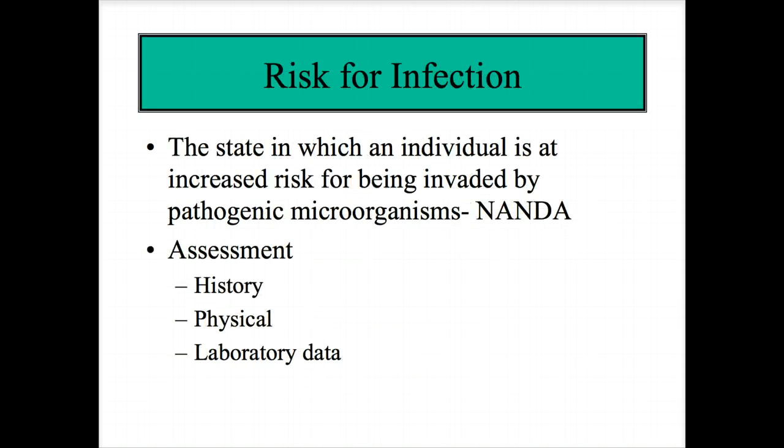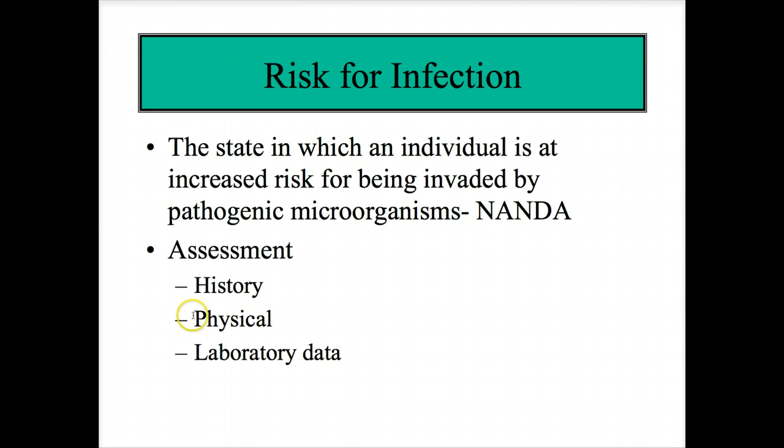Okay, risk for infection. Again, this is what you're going to assess for. Factors, risks are things you're going to assess for. So the risk is the state in which an individual is at increased risk for being invaded by pathogenic organisms.